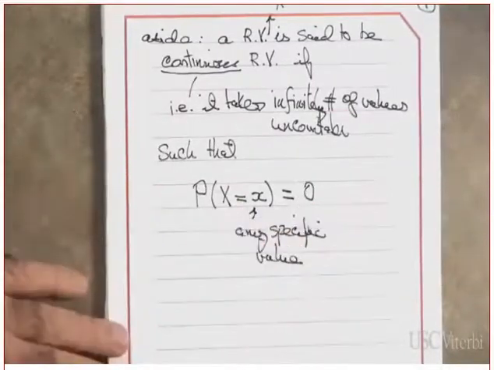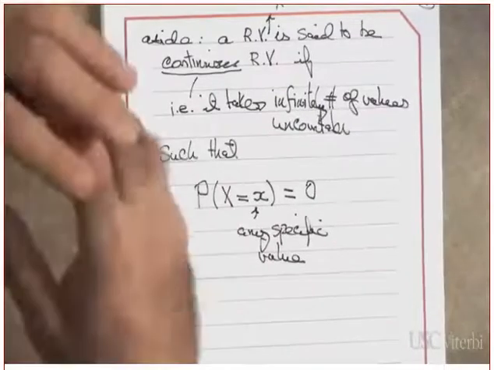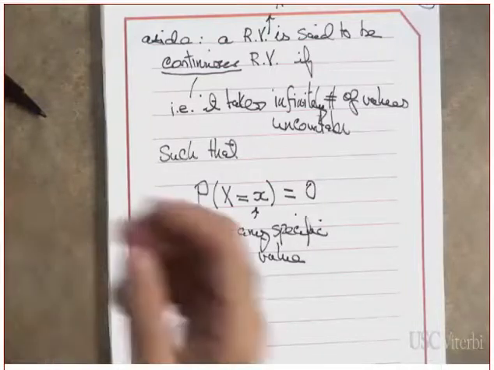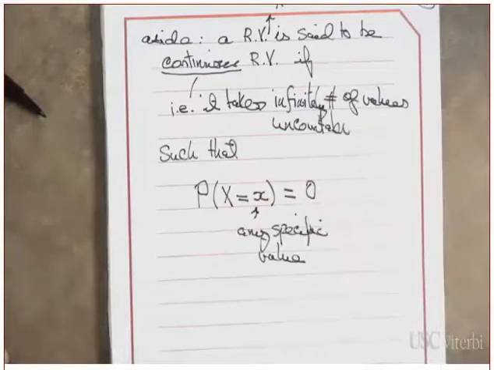That's how you know that the random variable is continuous. Why? Because there are infinitely uncountable number of values. What is the probability of each individual value? If I tell you, for example, pick a number at random between 0 and 1, how many numbers are there?